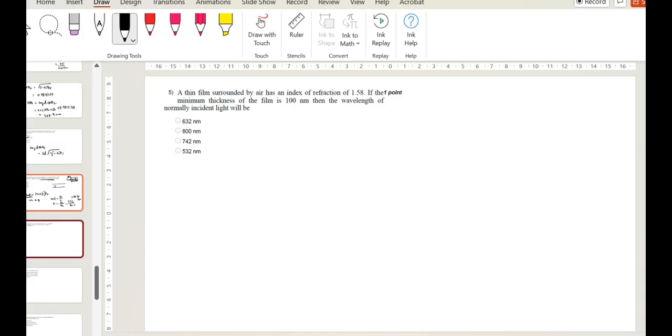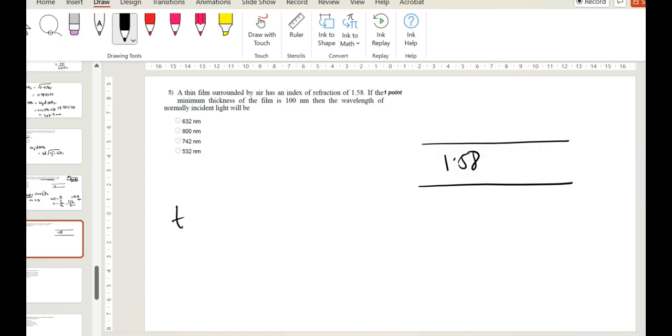The next question: a thin film surrounded by air has an index of refraction of 1.58. If the minimum thickness of the film is 100 nanometers, then what is the wavelength of the normally incident light? This is a similar question to the one before.